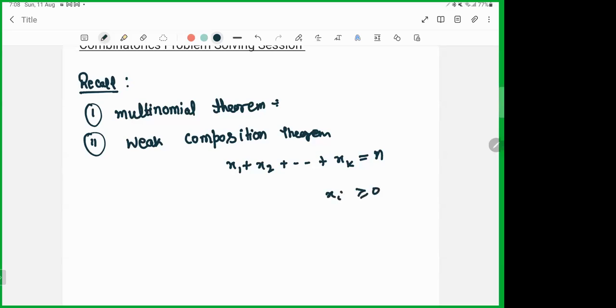Then any solution will be of the form a1 plus a2 plus up to ak is n, an ordered tuple a1, a2, ak. This is called a weak composition of n into k parts.